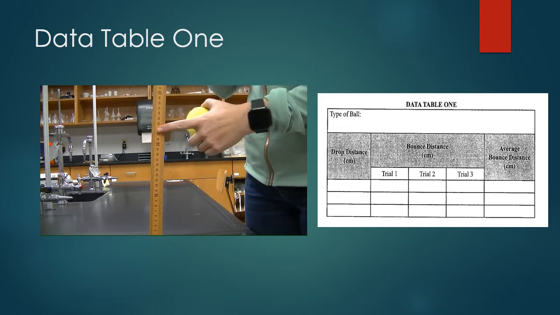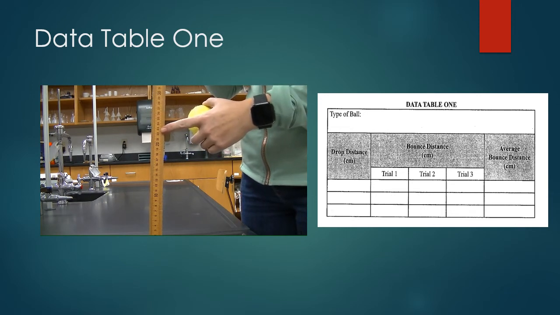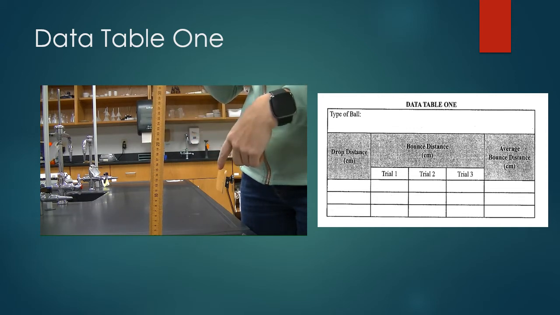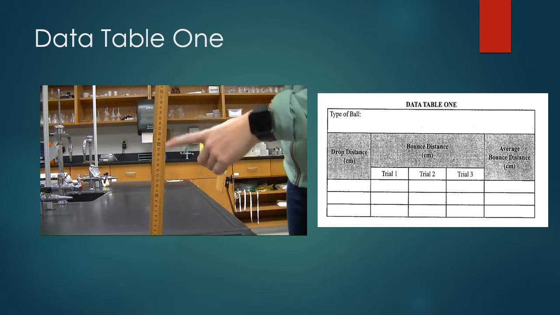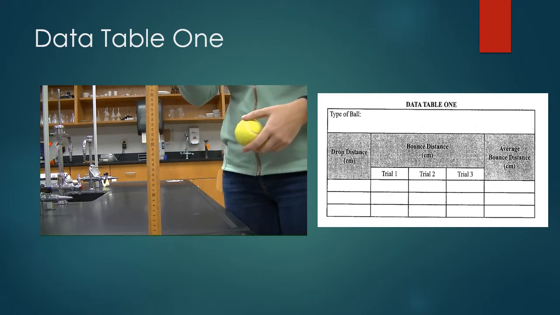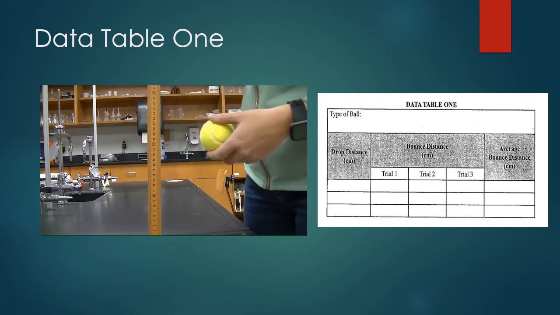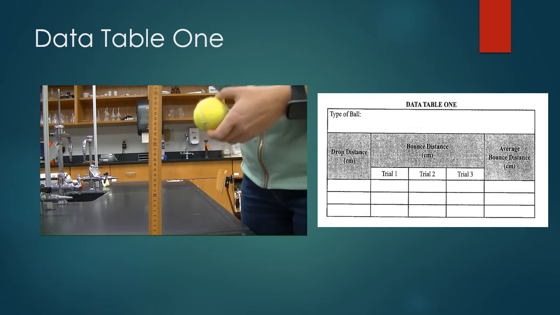The reason we are doing several trials is because the more trials you do, the more accurate your results. So if you ever want to improve your results, you just do more trials. We are then going to average those results to get the best data point for our graph.